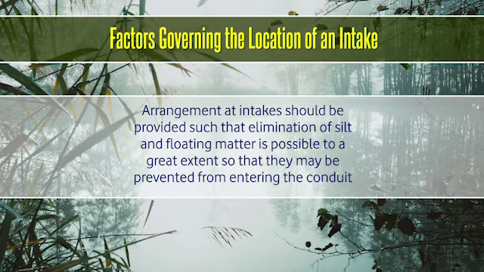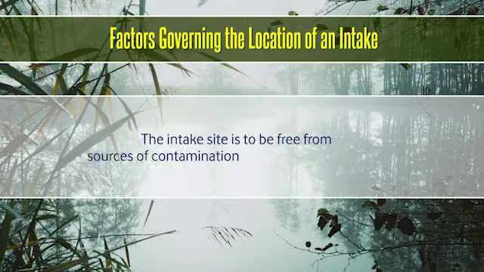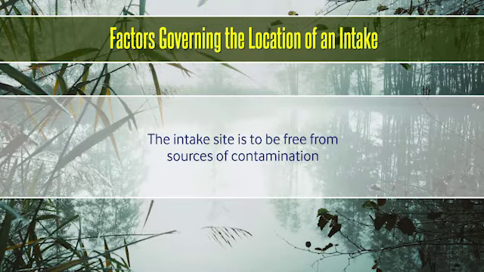Arrangement at intake should be provided such that elimination of silt and floating matter is possible to a great extent so that they may be prevented from entering the conduit. The intake site is to be free from sources of all types of contamination.